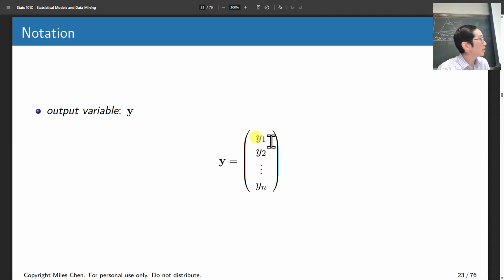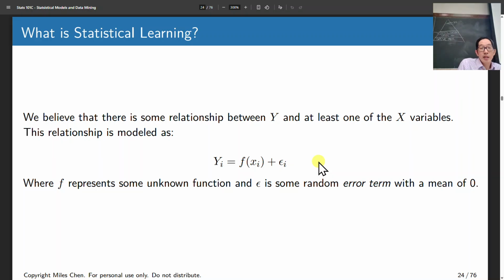Meanwhile, the output variable, our column Y, is the variable that we want to predict. It is just a column of the values that we want to predict. When we talk about statistical learning, there's some relationship between all of those input values and that output, some relationship between Y and at least one of the X variables.